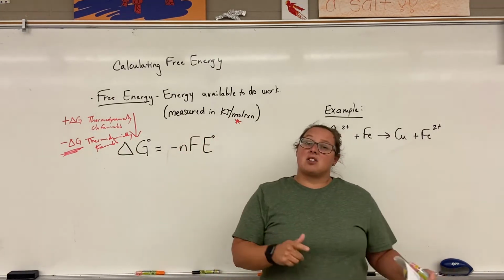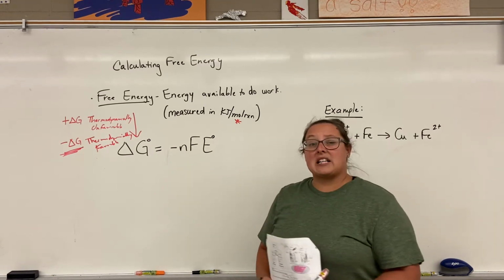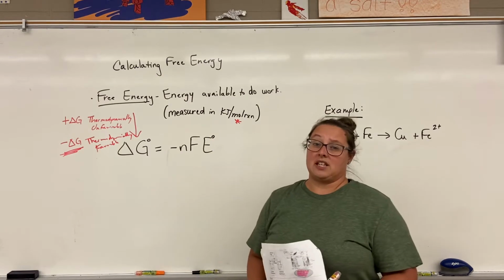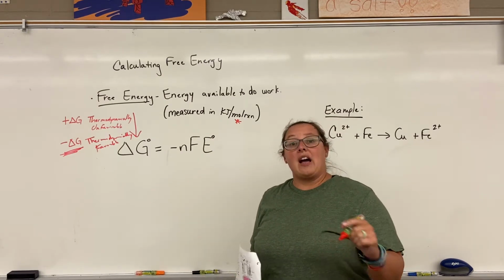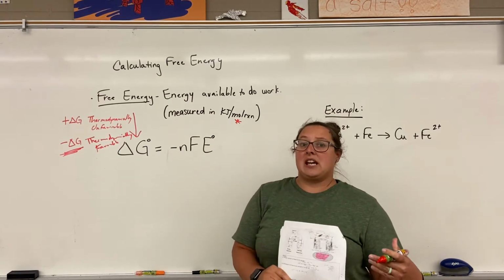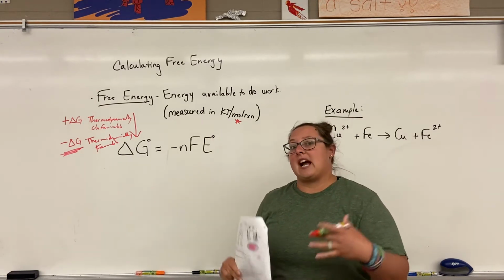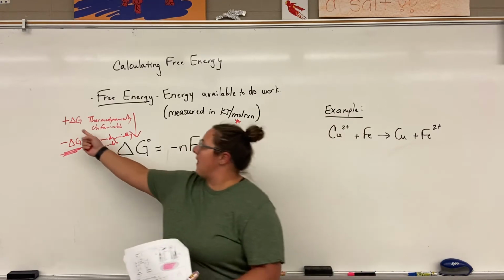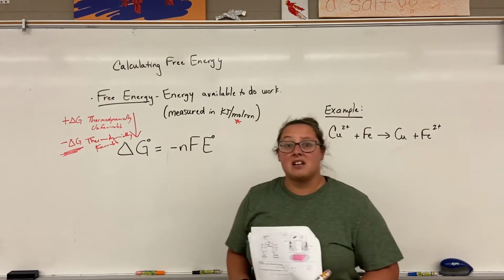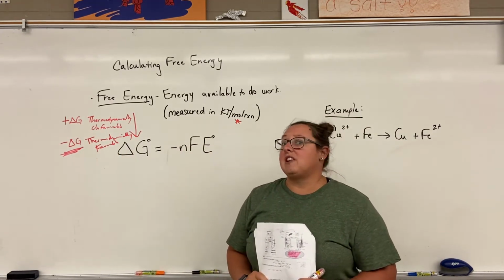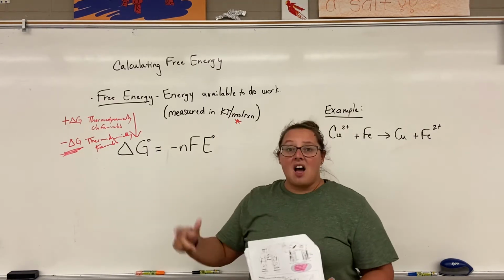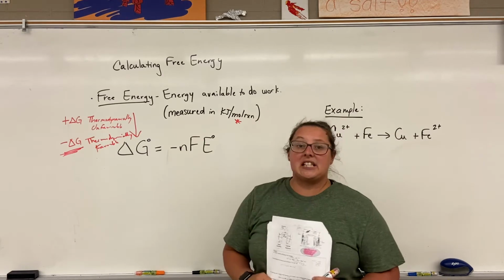So going back to the questions that AP likes to ask, they'll have you quantify or calculate the delta G quantity of energy, and they'll also have you look at that quantity and determine if the reaction is thermodynamically favorable or not. And you can determine that just by looking at the sign of the delta G that you end up getting there.